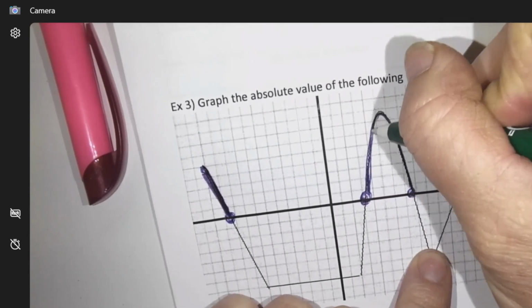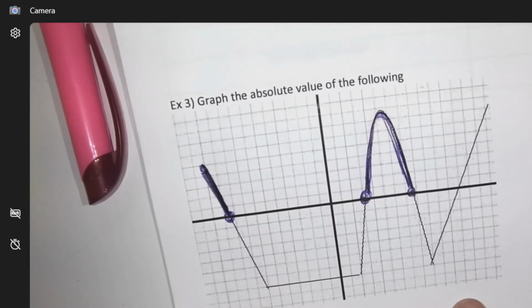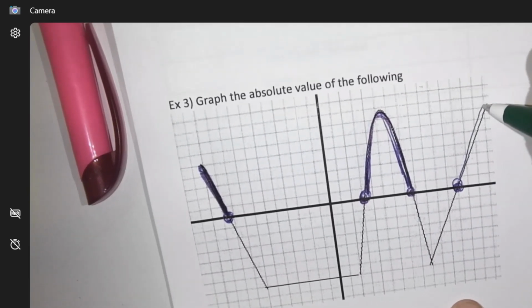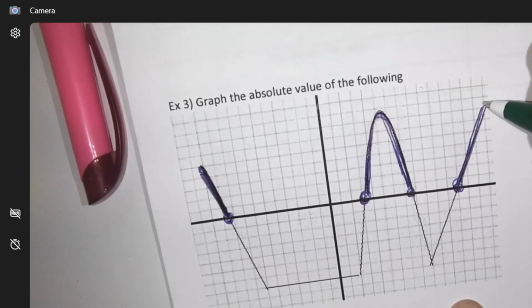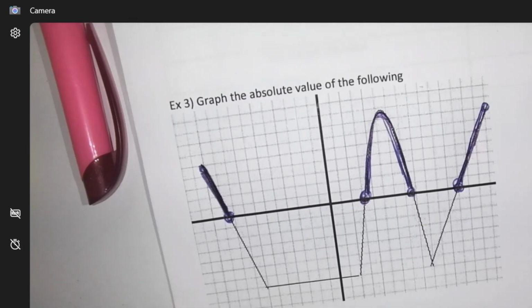That's going to stay. And then this section is going to stay. So there's the 3 parts that I'm going to stay put because they were positive or 0.